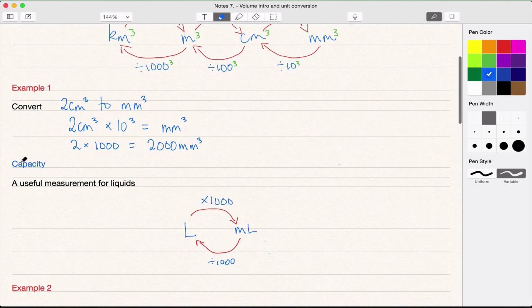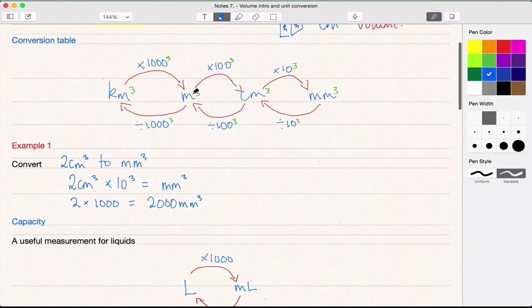Capacity is another useful measurement. Usually when we're measuring our cubic units here, this is used in the amount of space inside a shape if you're filling it with something hard.